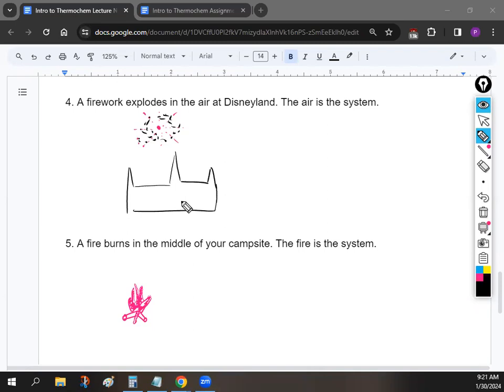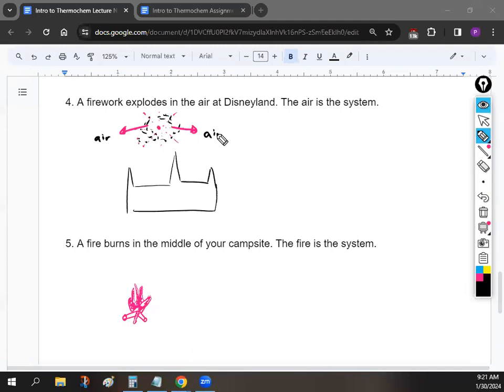So which one do you think is hotter? Yeah, obviously the firework, right? General rule of thumb, if something explodes or blows up, it's probably hotter than what it's around. And so the firework is hotter, so the firework is going to give energy to the air. So energy is going to go from the firework into the air around it.